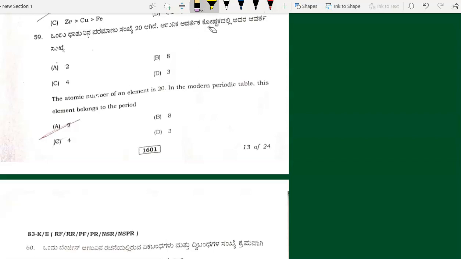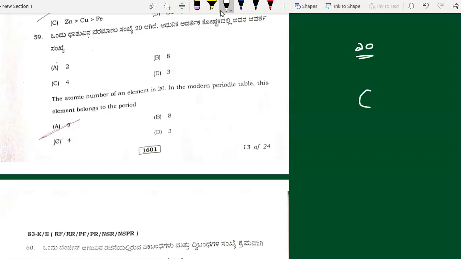Okay, simply erase this. Let's say the atomic number of an element is 20.